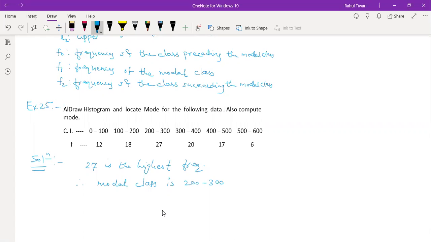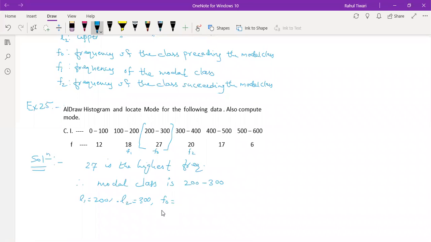And once we get the modal class, what is your lower limit? L1 is 200. L2 is 300. Can you understand F1, F0, F2? This is your modal class. Once we get the modal class, F1 is this one, F0 is this one, F2 is this one.